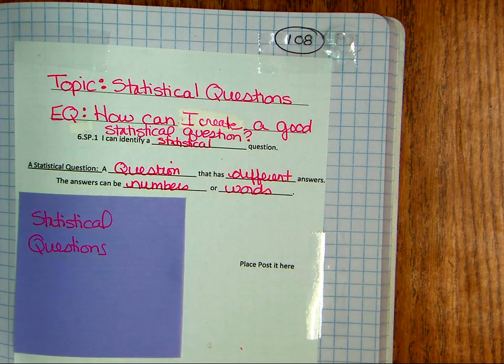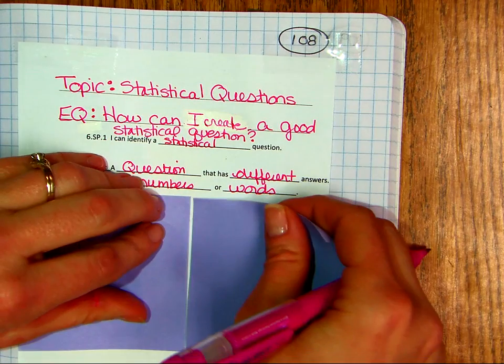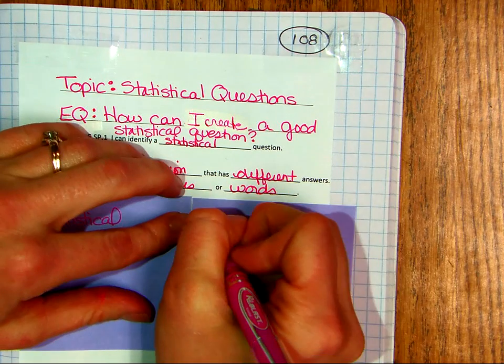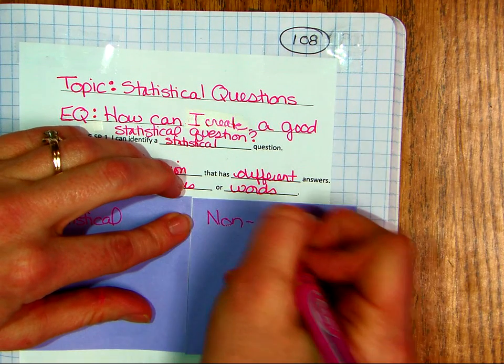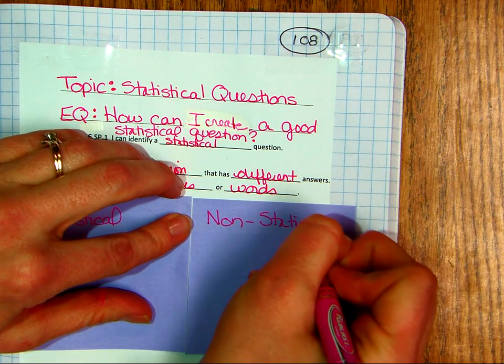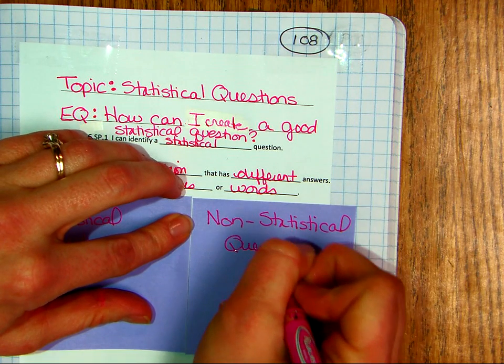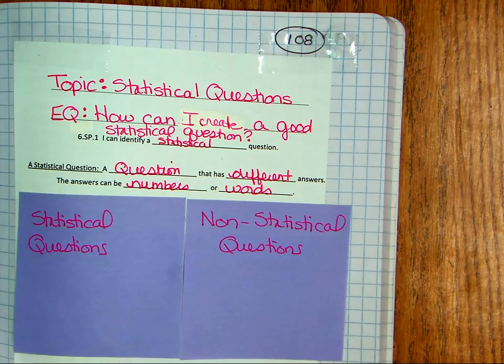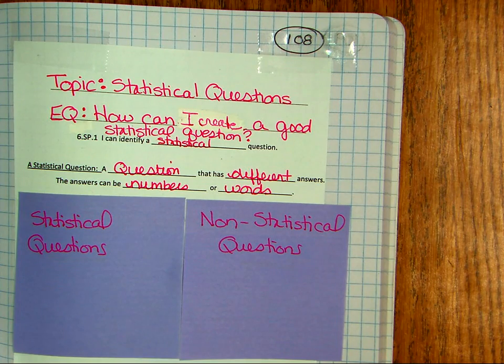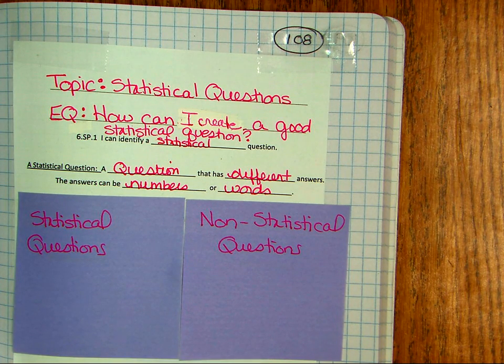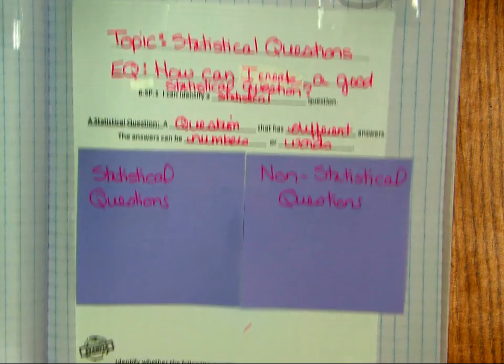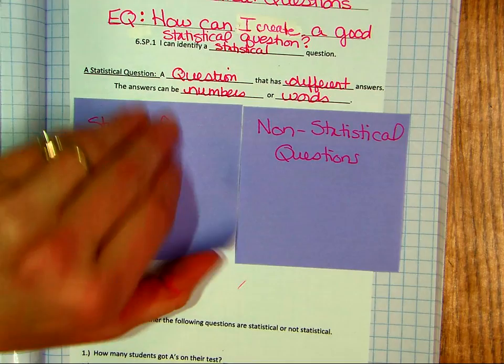And on the second Post-it note, we're going to put it right next to it, and we're going to write non-statistical questions. So we need to know the definition or the components of both statistical questions and non-statistical questions. So the first thing we're going to do is talk about statistical questions. What do they have in common?